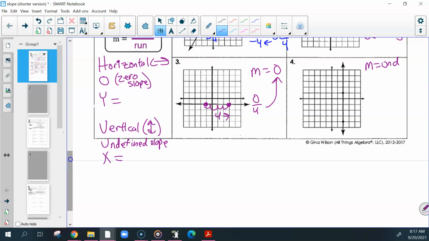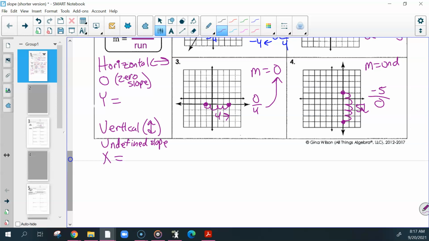Again, you could do the counting. I see I have a point here and a point here. My vertical change, let's say I'm going down 5. But I'm not moving left or right.